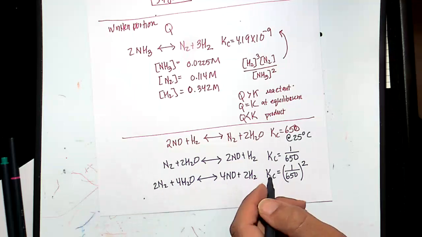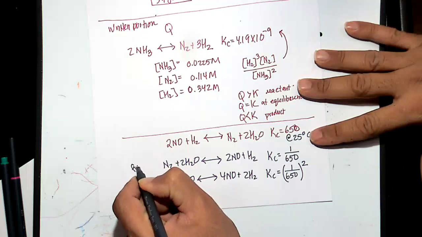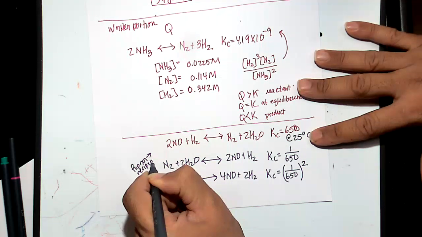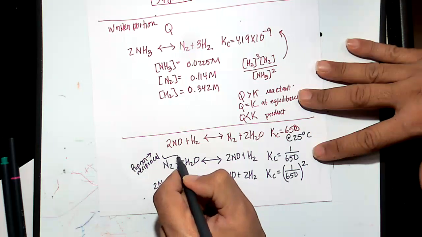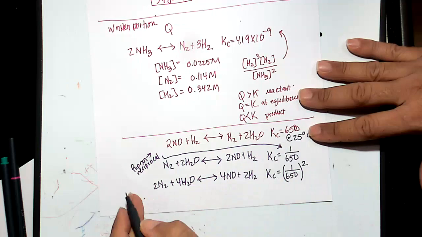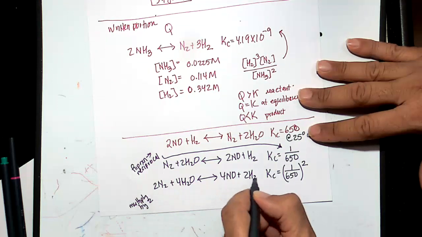So flip a reaction, you take the reciprocal, and that's your new equilibrium constant. You multiply by 2, like I did here, 2, 4, 4, 2.